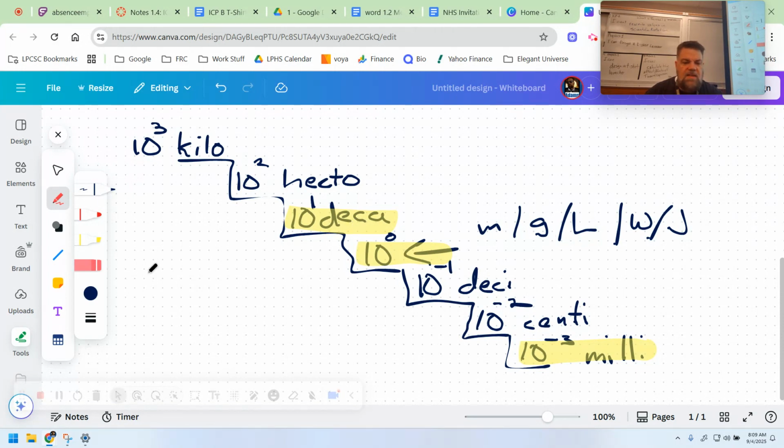So let's say 1 decameter, that's what the lowercase d is, right? Actually, it's dA. Ugh. So this would be dA. Okay? 1 decameter is equal to 10 meters, or 10 meters is equal to 1 decameter.